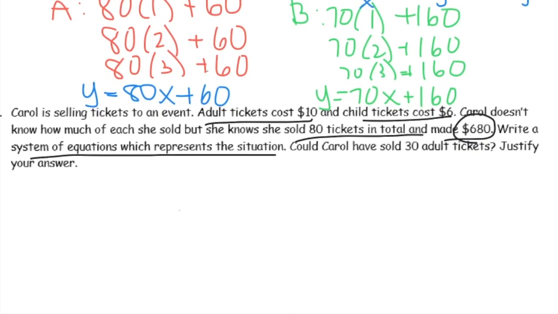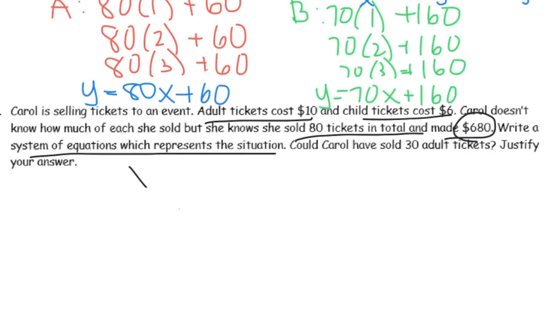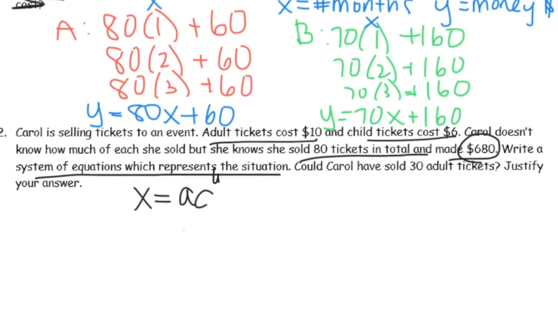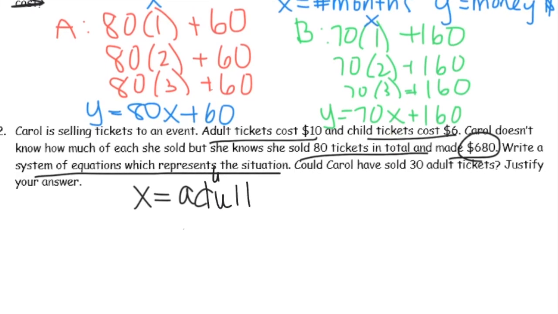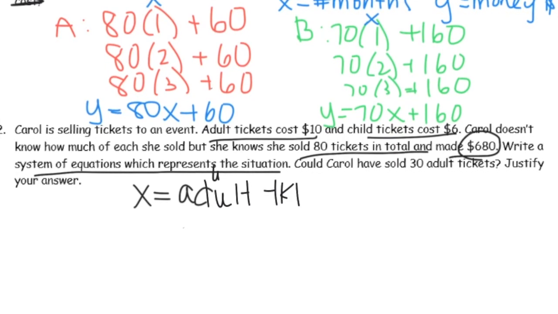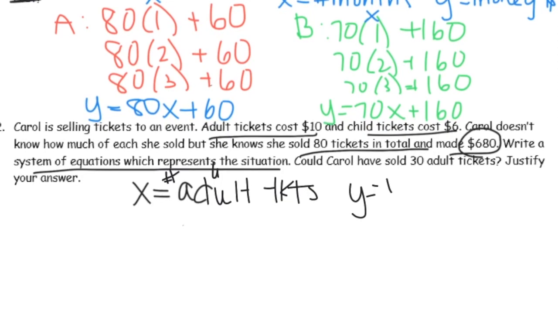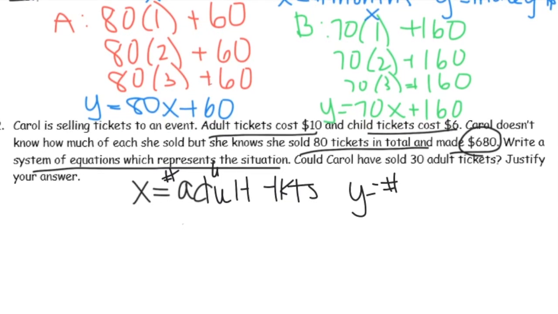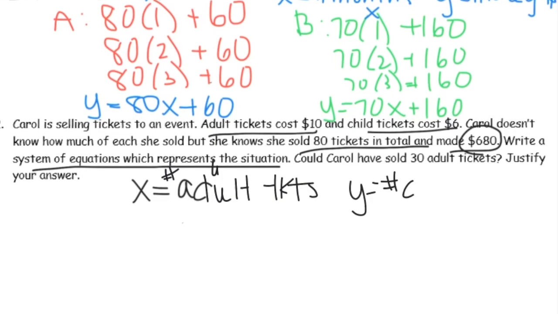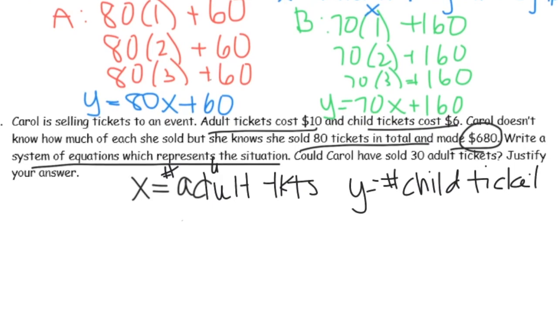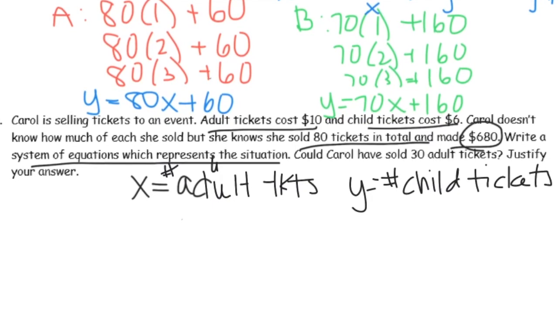Okay, so now we know that there are adult tickets. We'll call that X, the number of adult tickets. And Y is going to be our number of child tickets. Okay, so what do we know?